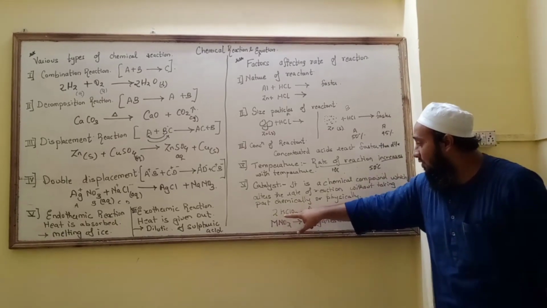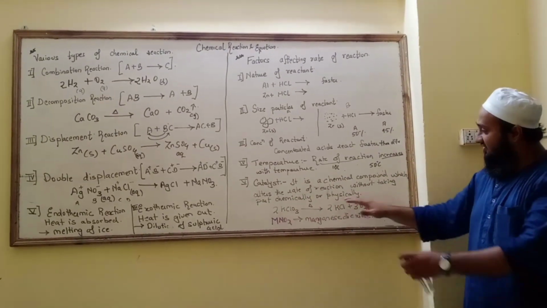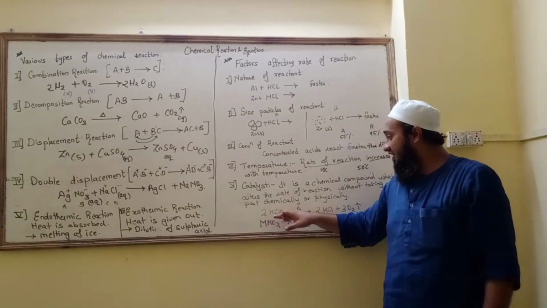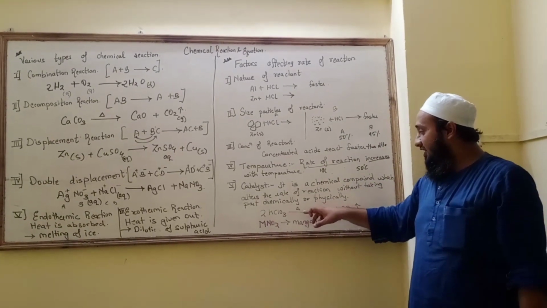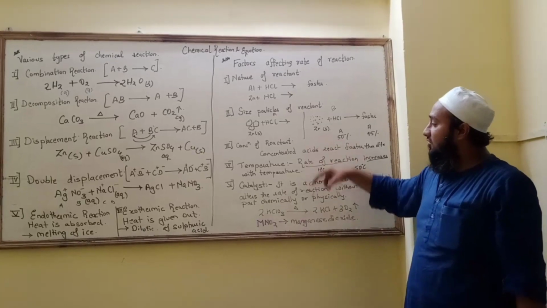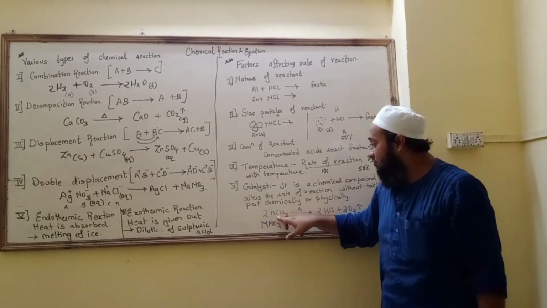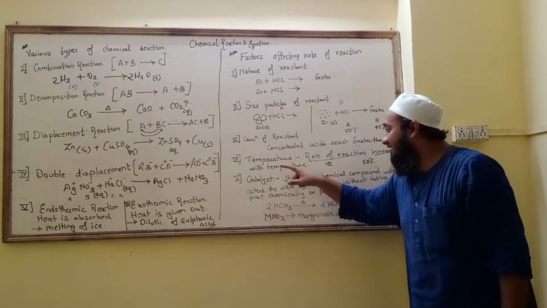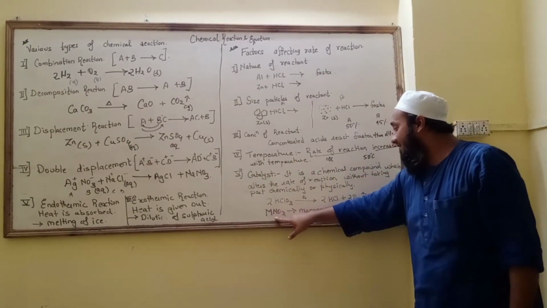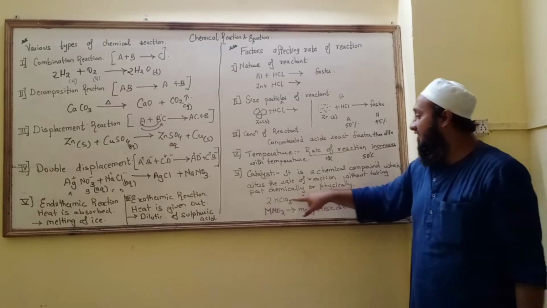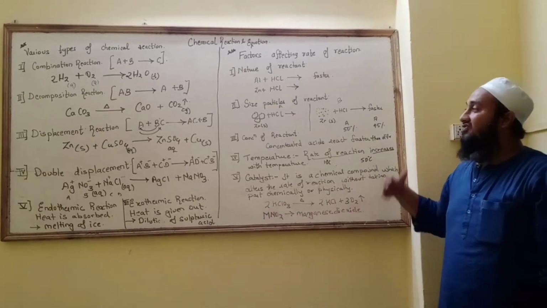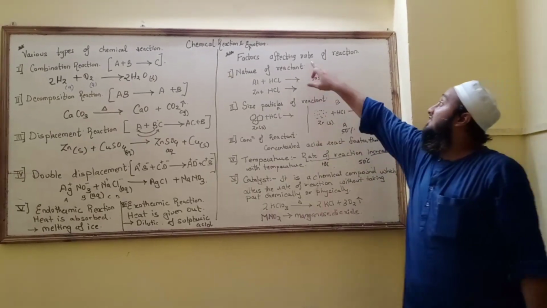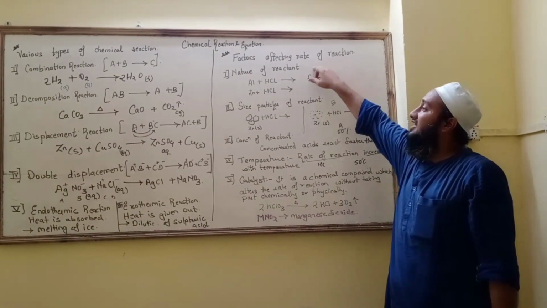This reaction will occur, but if you want to increase the rate of reaction and changing the temperature or concentration will not work, you add a catalyst. Over here, if you add manganese dioxide, the rate of reaction becomes faster. So these are the 5 factors on which the rate of reaction depends.